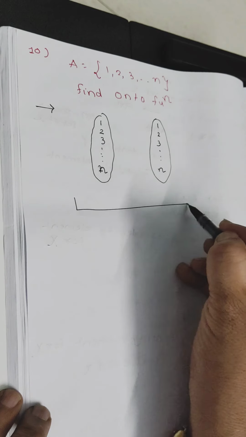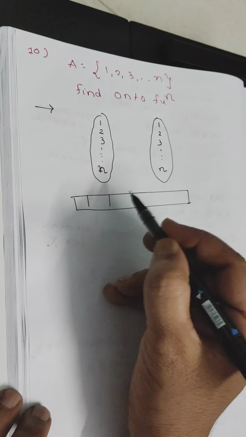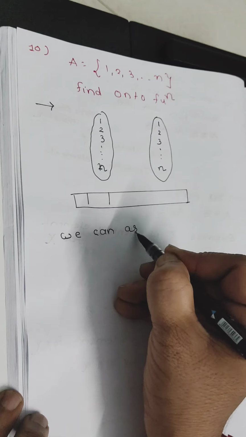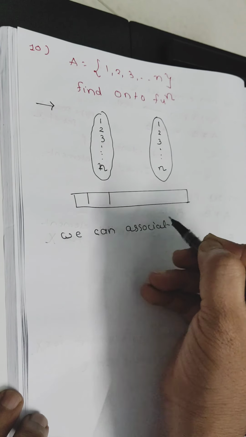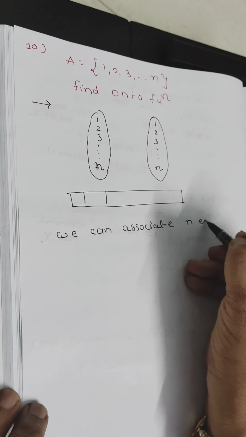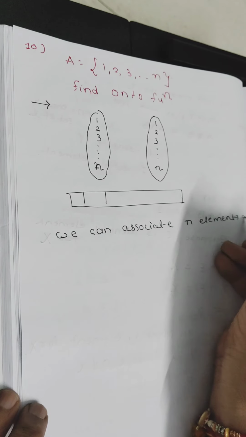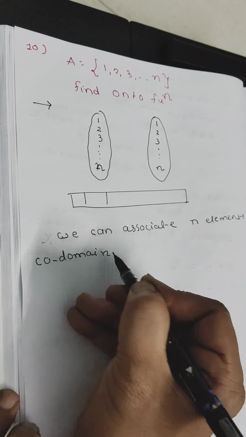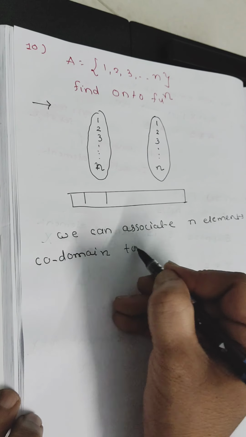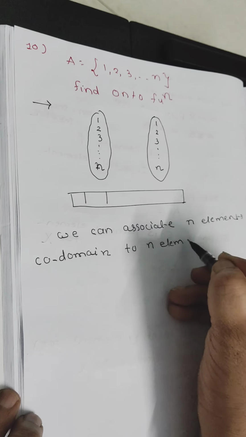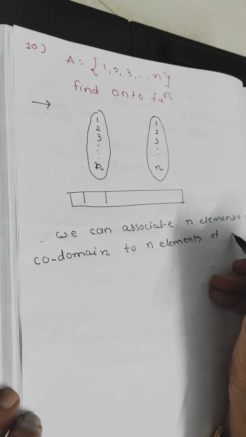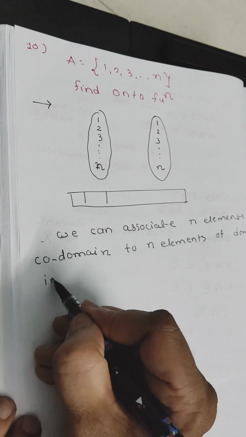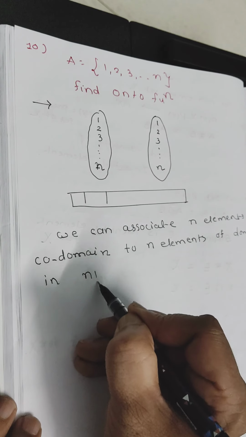If the function is onto, then we can associate n elements of the codomain to the n elements of the domain in n factorial ways.